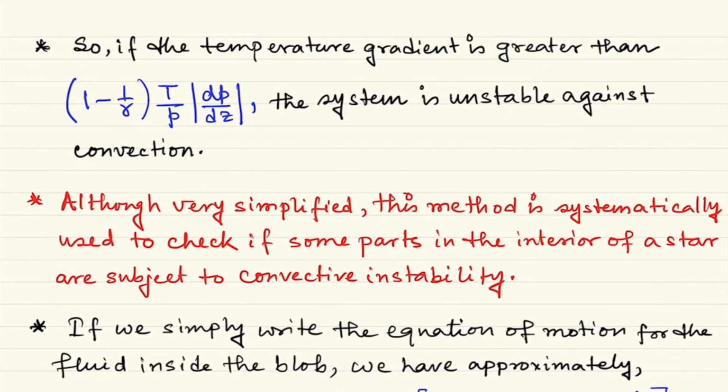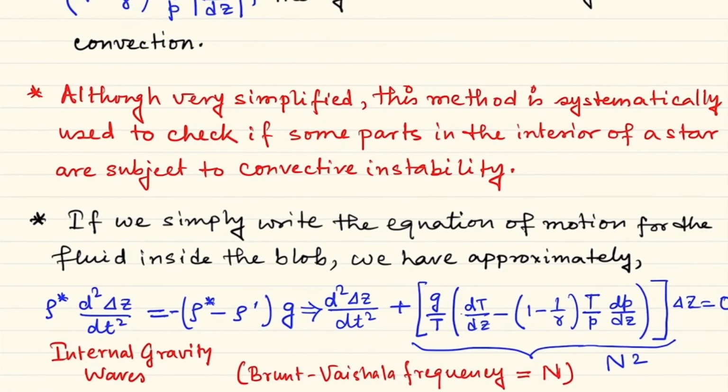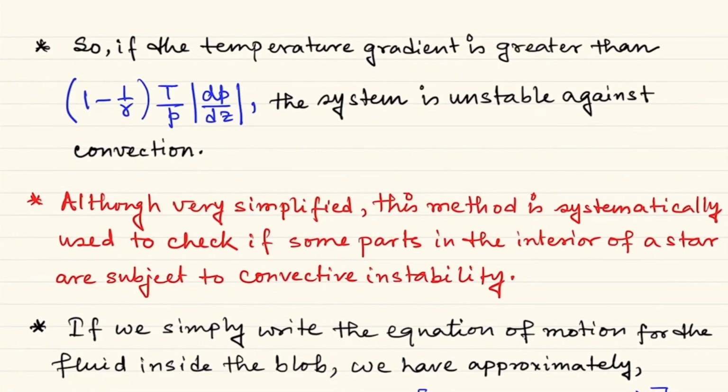But beyond this, (1 minus 1/gamma) T/p dp/dz, the system is unstable against convection. So you see an important temperature gradient. Now coming back to our initial example of heating a container of fluid or liquid from below: when the temperature gradient exceeds this critical value, then the system is unstable.